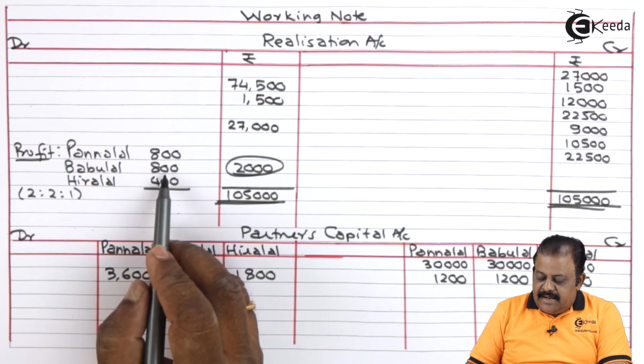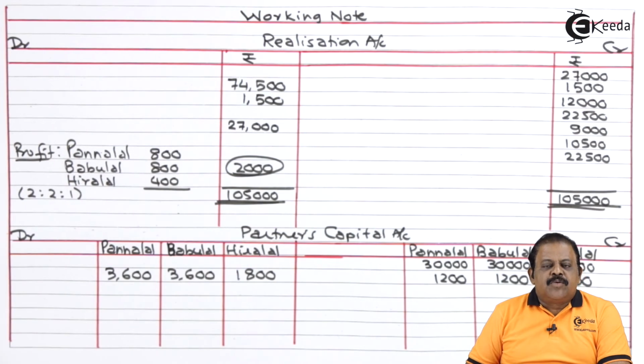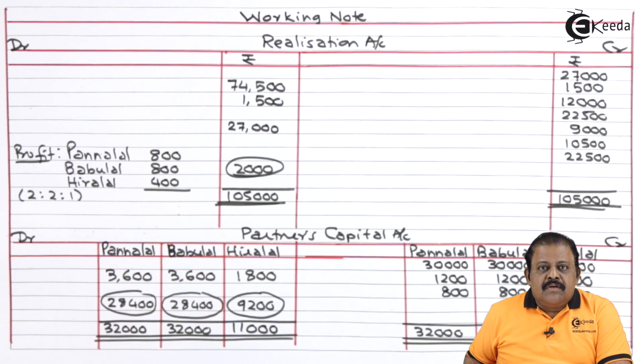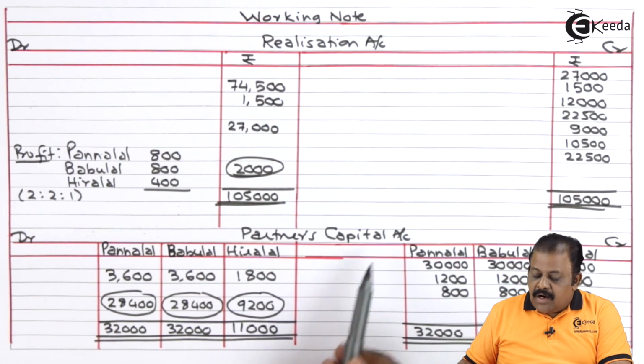Profit is 800, 800, 400 distributed among the partners. This will be recorded to the credit of partners capital account. We have closed partners capital account.